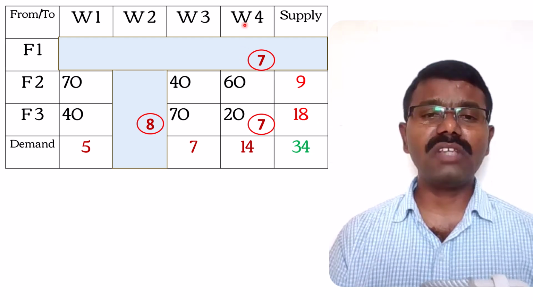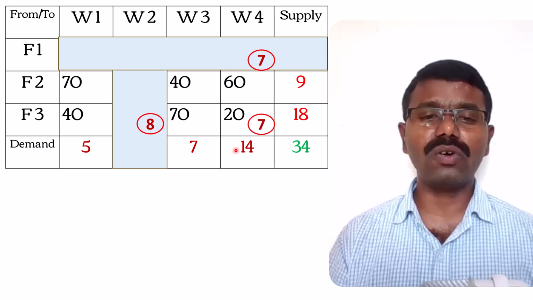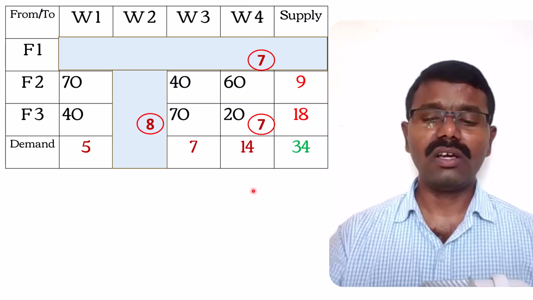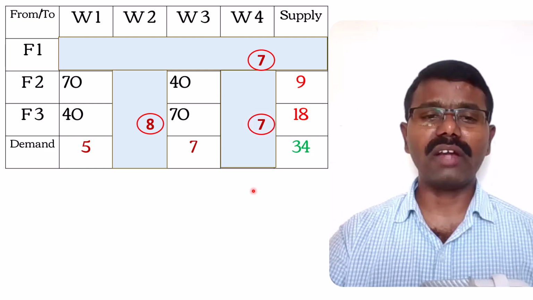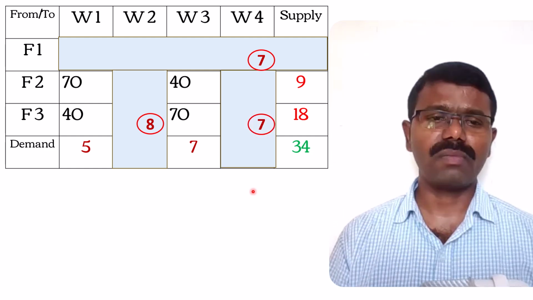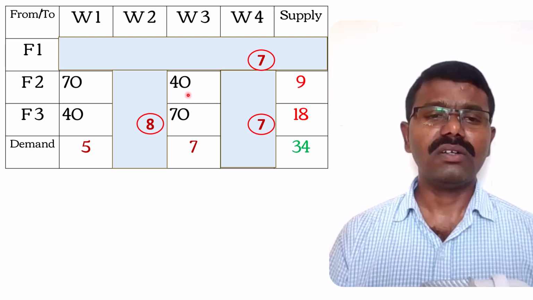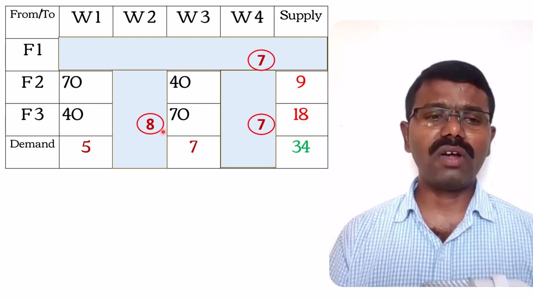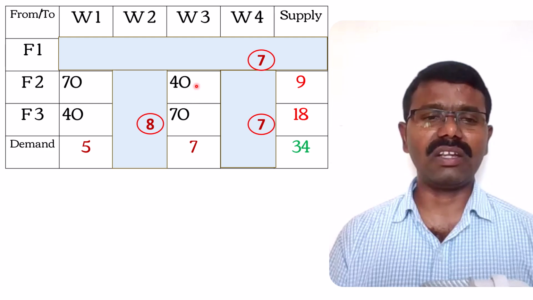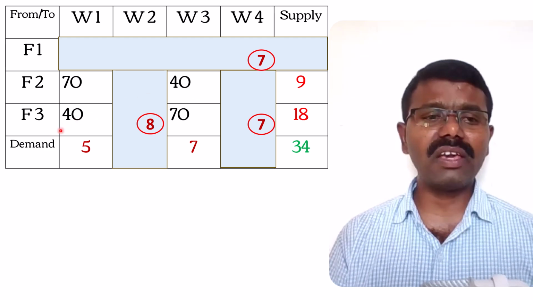Now warehouse 4 required 14 demand. Now already 14 is allocated to warehouse 4. You cancel this warehouse 4. Now only these 4 cells remain. Out of these 4 cells, the next least cost is 40, and there is a 40 here also.